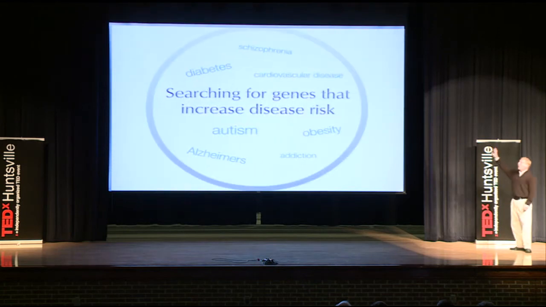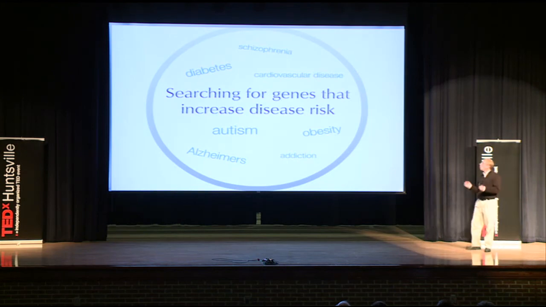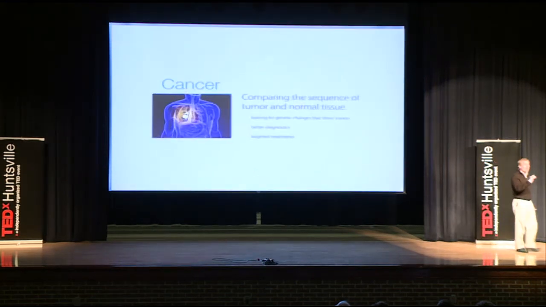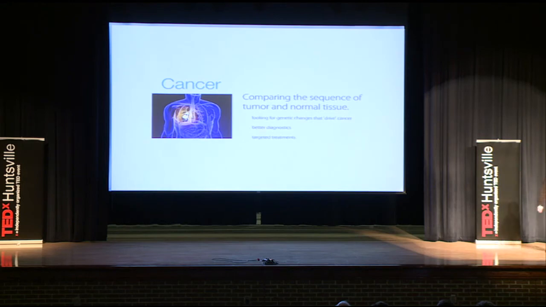All right. The world that I live in spends a lot of time looking at genetic variation to understand the cause of disease, to try to find those changes in our DNA that increase or decrease disease risk. And one area where you see a lot of this is in the field of cancer. We can now take a patient's tumor and sequence the genome of that tumor and sequence the genome of the normal cells from the same patient.